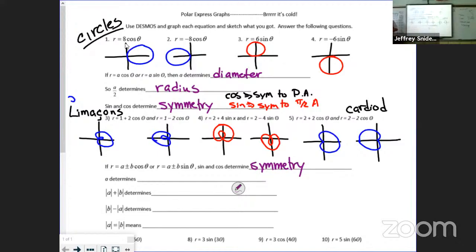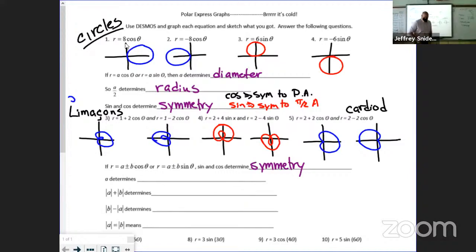And you notice the symmetry is the exact same. The cosines are all symmetric to the polar axis. The sines are all symmetric to the pi over 2 axis. So I'm not going to write that down here again. All right, the value of a. So that's this value right here. So on this, it's 1. On this one, it was 2.